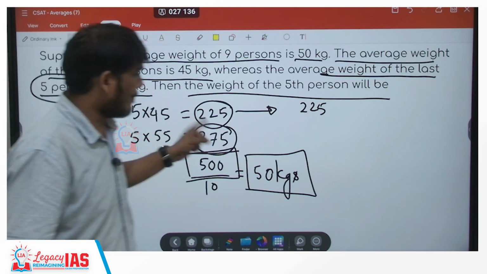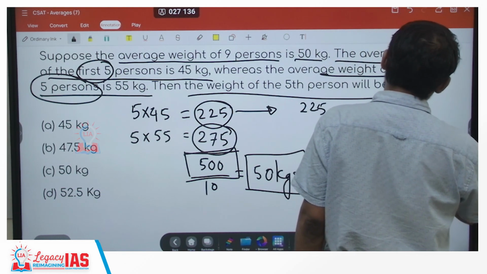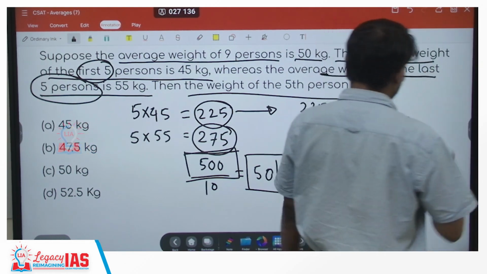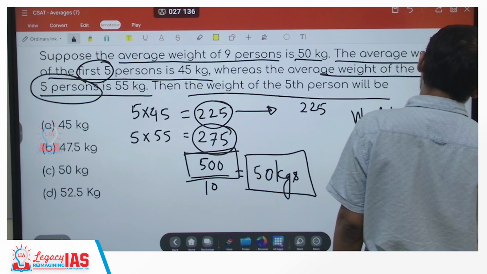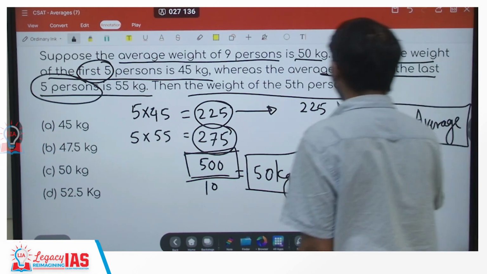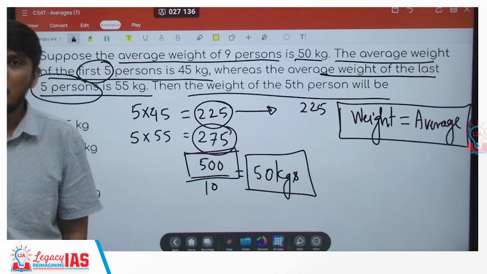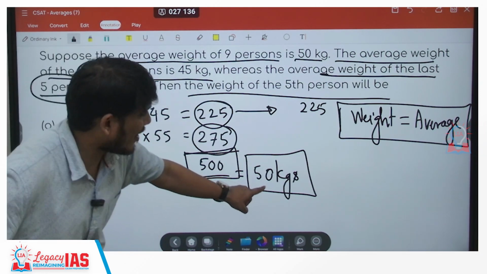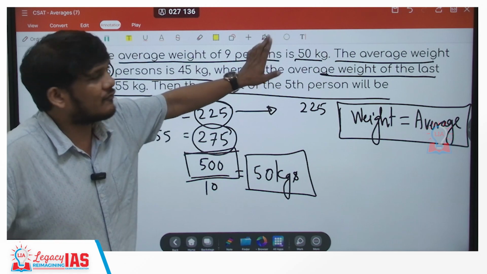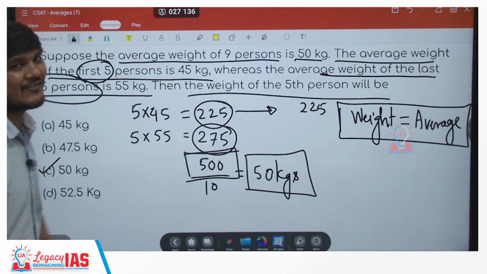Means the weight of this person is exactly equal to the average weight of the group. Why? Because it is not changing the average which is given. Clear? Hence the correct answer would be option C.